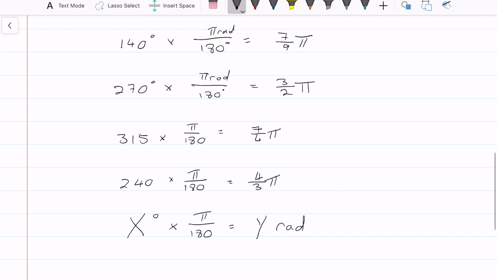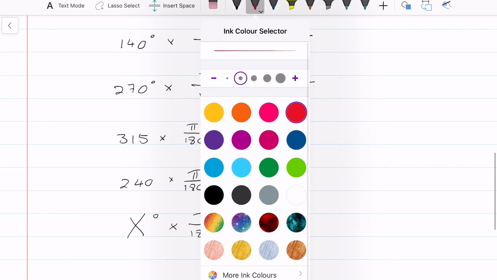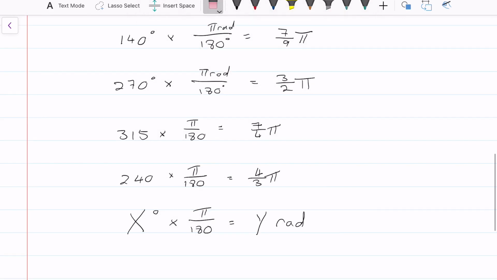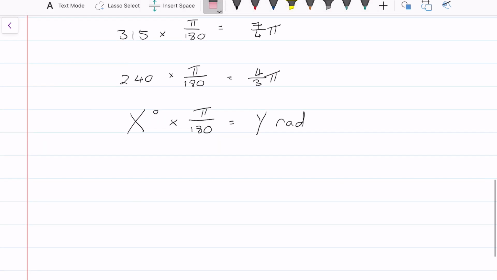Okay, so sometimes under test conditions we might forget how to do this. So how I remember it is, if we're given a number, let's say 45 degrees, and I want to convert it to radians, I think about what I want to change it to. I want to change it to radians, so pi has to be at the top.